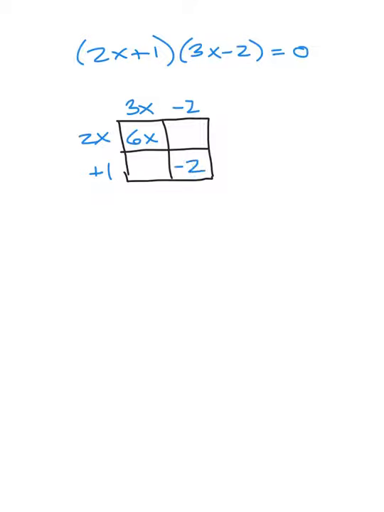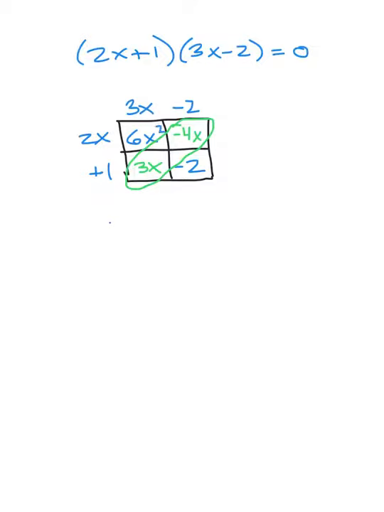And I'm going to change colors here. 2x times a negative 2 is negative 4x. And 3x times positive 1 is 3x. And so what we end up having here is two like terms on the diagonal, and they combine. And this is what forms our trinomial. So if I put all of these together, I've got, you know what I just noticed? I forgot my square here.